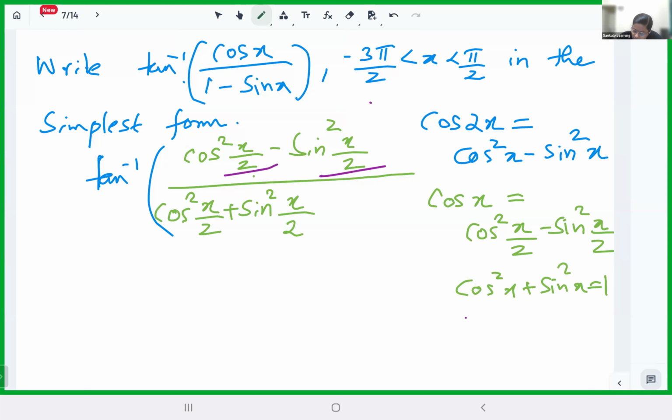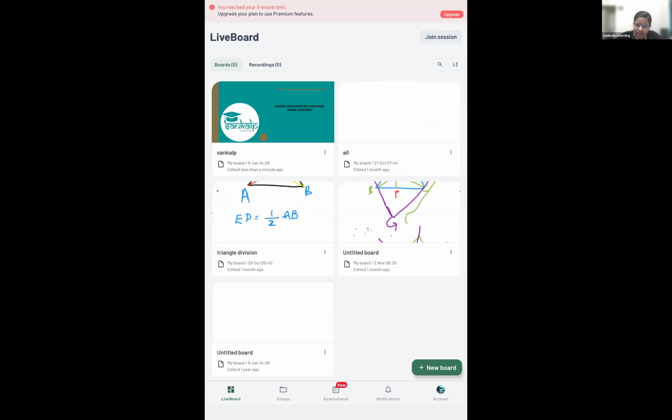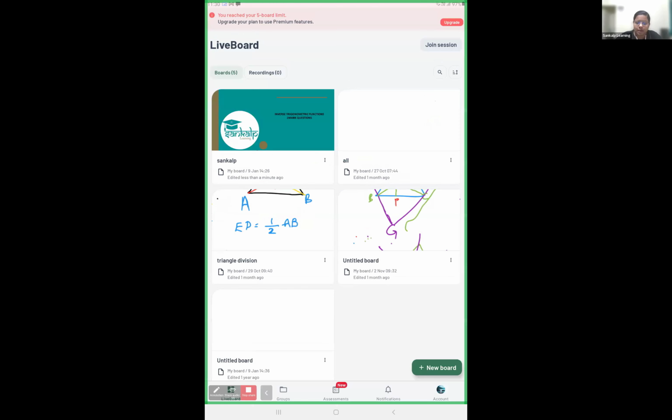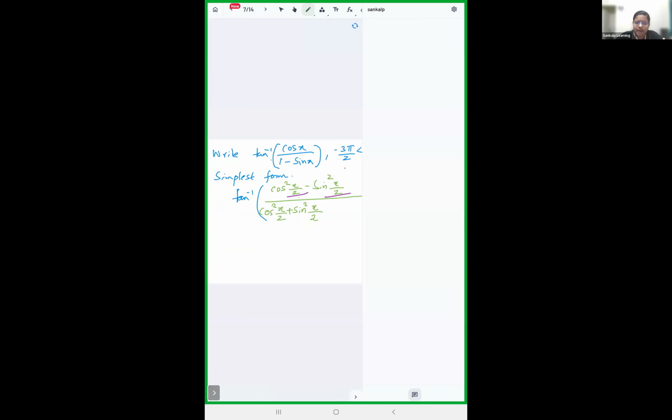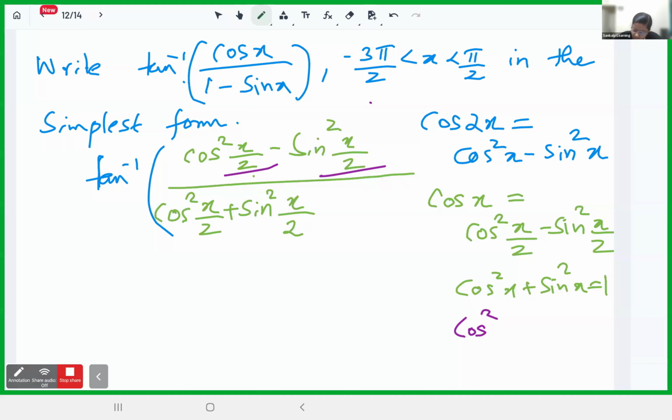I am using the same identity, but I'm taking the half angle. So 1 can be written as cos square x by 2 plus sin square x by 2. That is also 1.